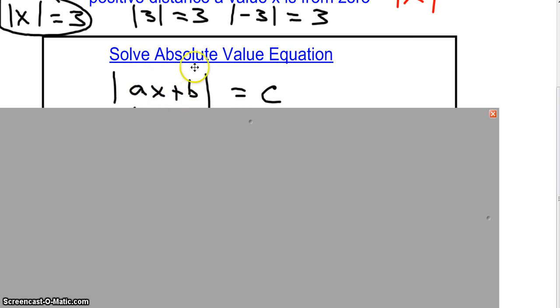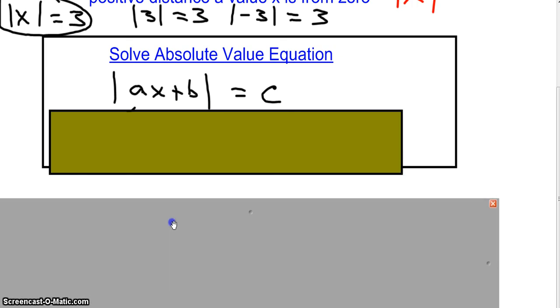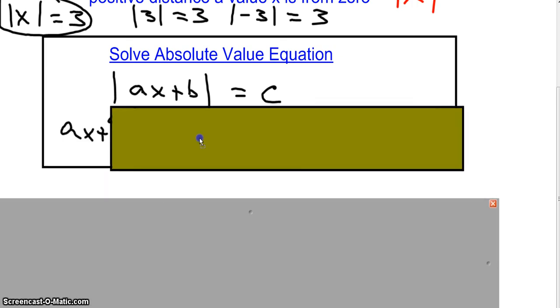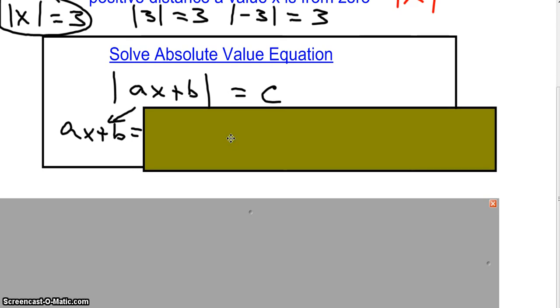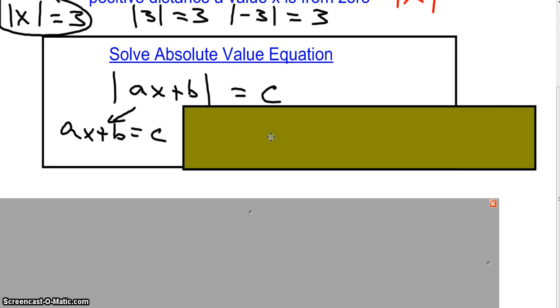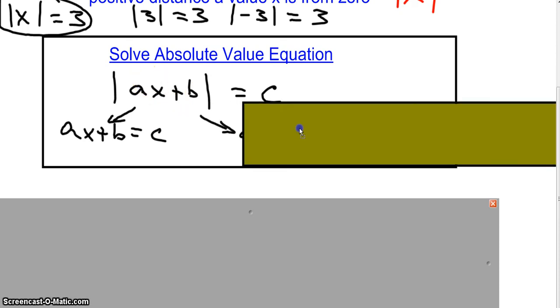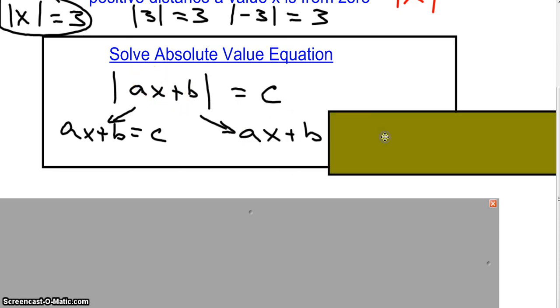So when we have an absolute value equation, we could write it in two ways. We could say ax plus b equals what? C. Good. I heard somebody say ax plus b equals c. But that entire expression, ax plus b, could also equal something else. What could it equal?